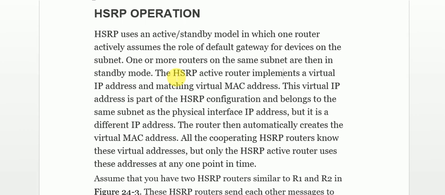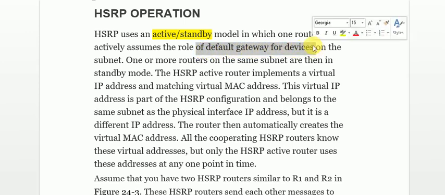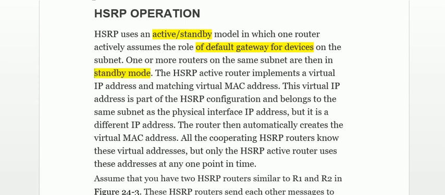Okay, let's go deeper into the definition and operation of HSRP, Hot Standby Router Protocol. It uses one active router and one or more standby routers. One active router is selected that will be the default gateway for other devices on the subnet, and one or more routers on the same subnet will be standby routers. The HSRP active router implements one virtual IP address that matches a virtual MAC address.